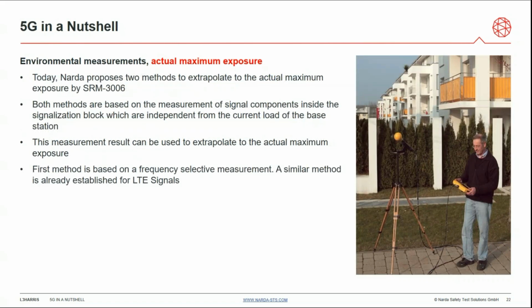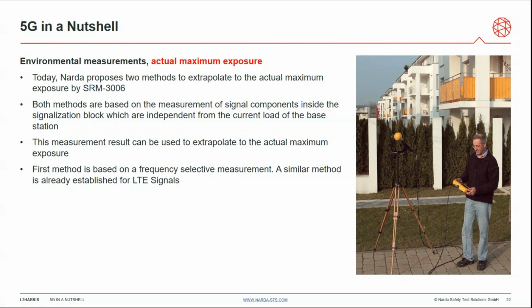So for 3G and 4G, we already developed not a broadband, not a selective, but a code selective measurement, and this is allowing the calculation to maximum exposure. So in the past with 3G and 4G, we were using signalization blocks, which are independent from the current load of the base station.